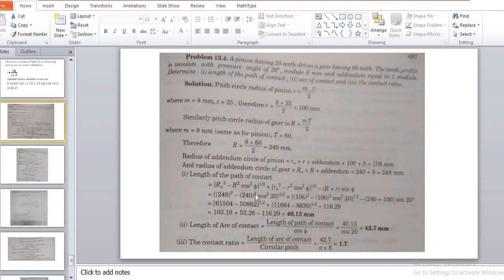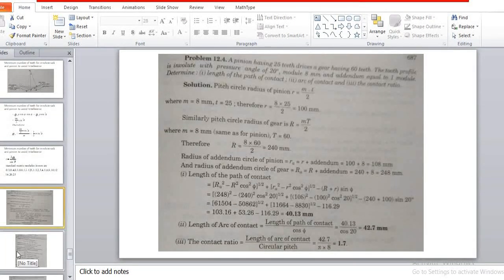So this is a simple example. By this example you can visualize the nomenclature of a particular gear, the addendum circle radius and pitch circle radius, which we already discussed in the nomenclature of the gear. And now you can visualize the addendum circle radius for the pinion or gear, and the pitch circle radius for the pinion and gear.